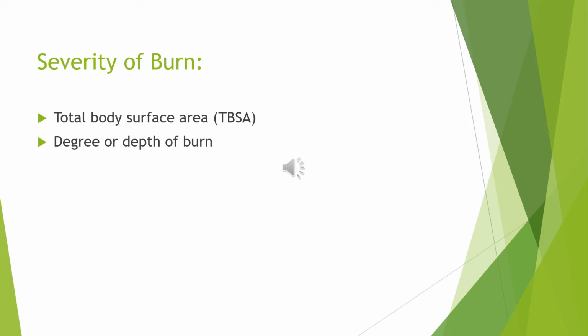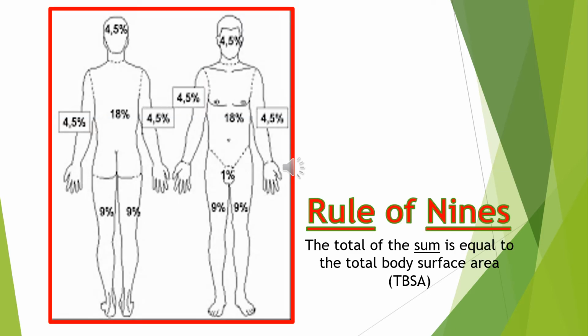When looking at the size of the injury, it's important to note, not only for diagnosis and prognosis, but it is also important for calculating different drug doses, fluid replacement volumes that the patient might need, and also caloric needs, because remember, our caloric needs are going to be increased during this time of injury to the body. Rule of nines: the sum of the numbers is equal to the total body surface area.